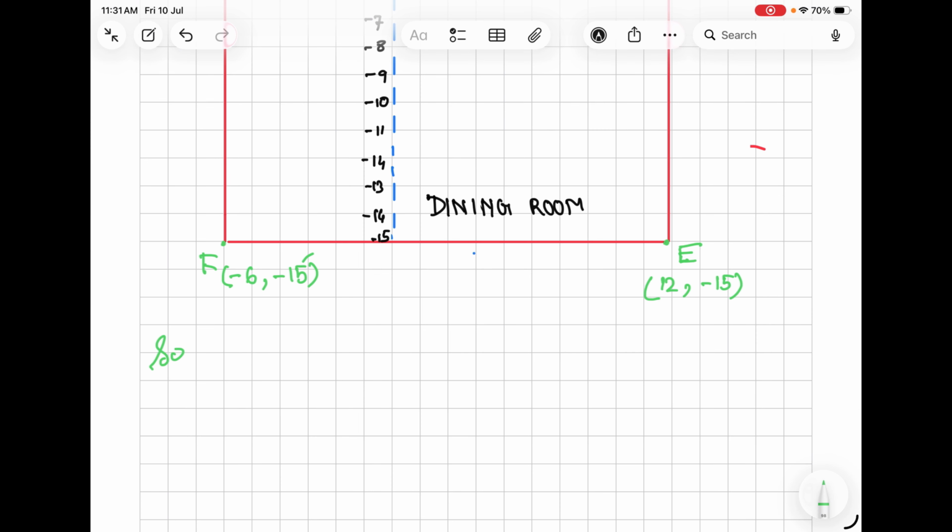Let's write the coordinates of the 4 corners of the dining room.